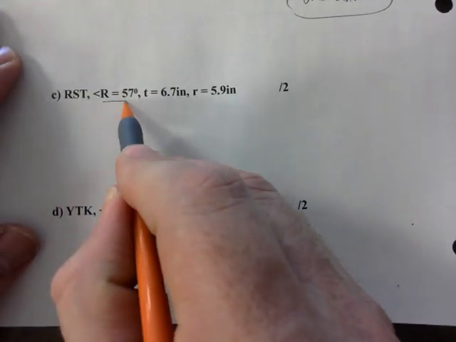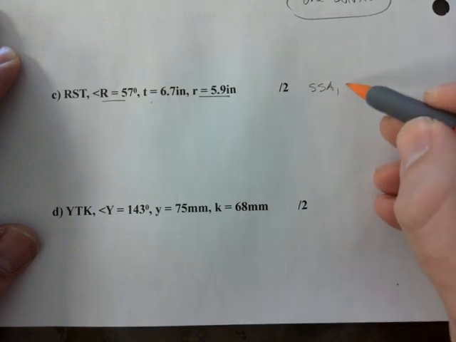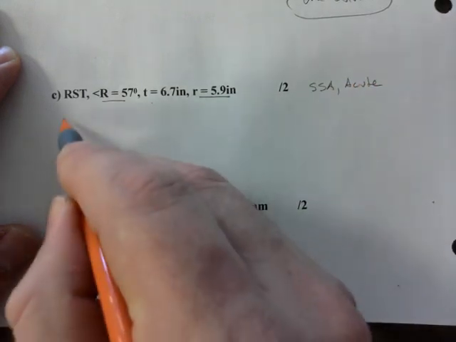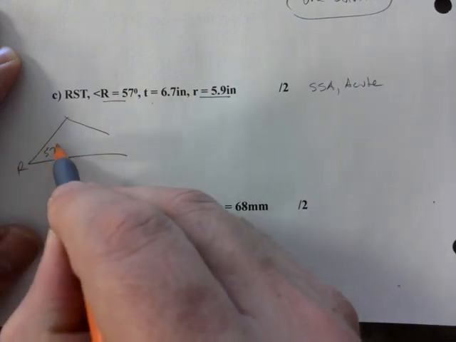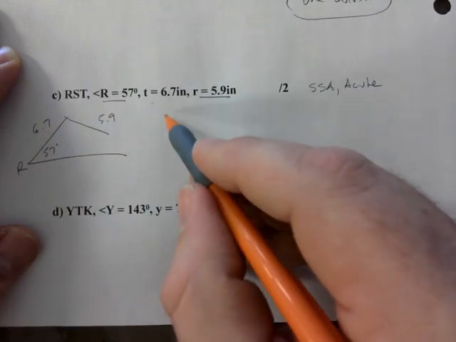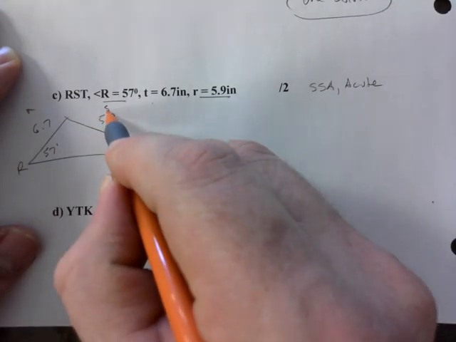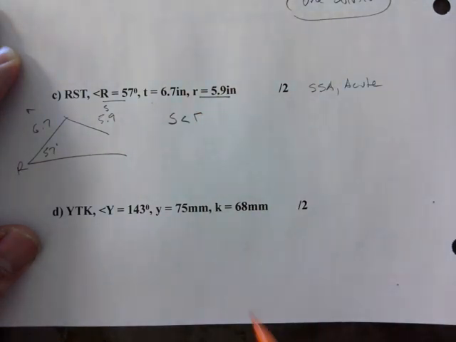Next, pair and another side. So this is SSA, and it's acute. So R goes here. 5.9 would go here, 6.7 would go there. Rod and string, make sure you have that. I'm already simplifying that for you. So this is true.